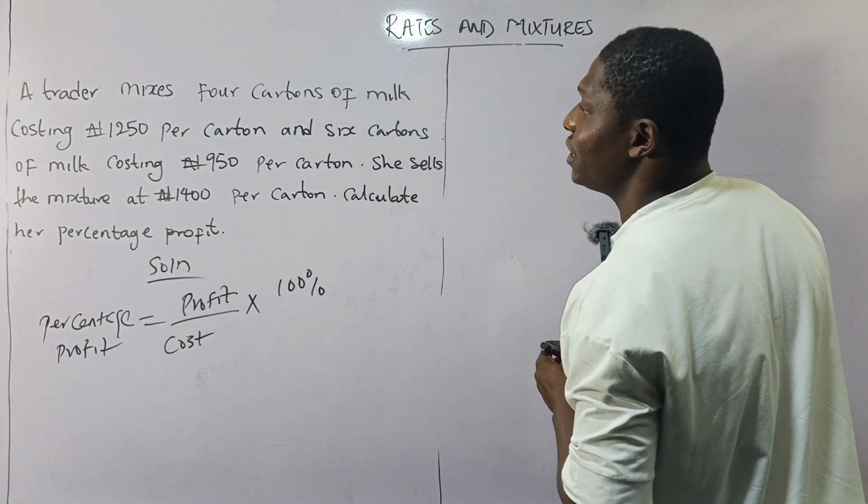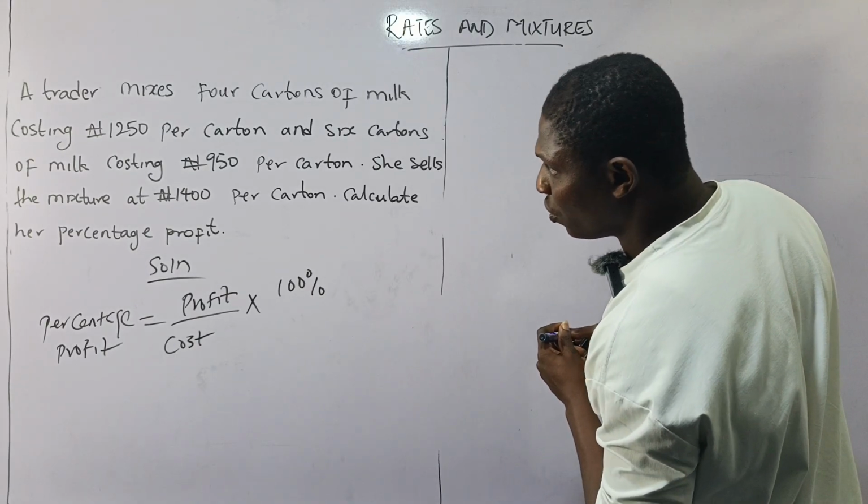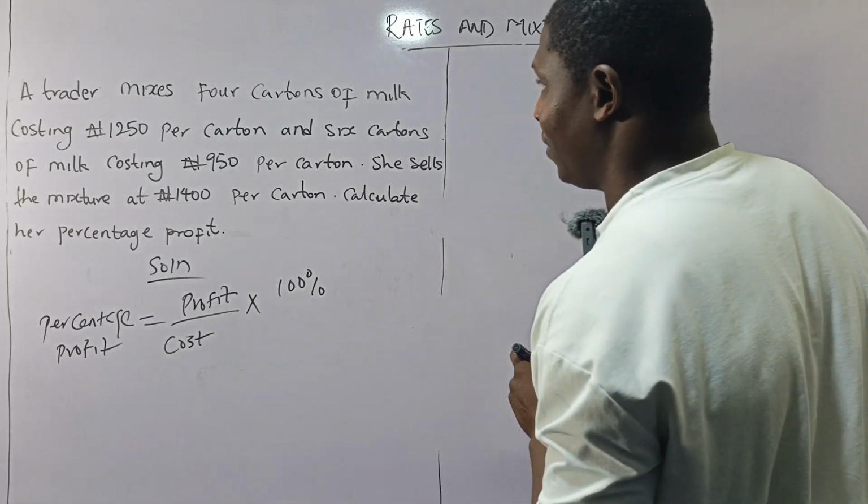Now, it says a trader mixes 4 cartons of milk costing 1,250 naira per carton.